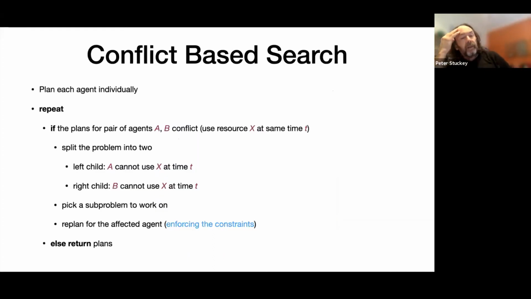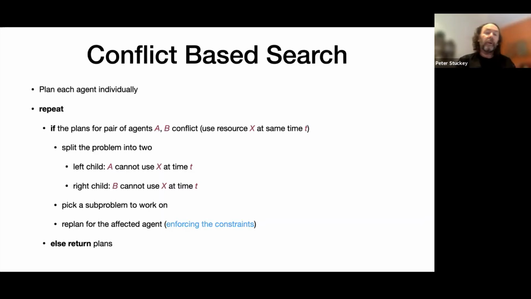So the solution is conflict-based search, which, if you're a discrete optimization person, you might recognize as a kind of Benders approach. We're going to plan each agent individually, and what we hope is they don't conflict, and then we're finished. But if they do conflict, if we have a pair of agents whose current plans conflict, they use the same resource x at the same time t, then we're going to split the problem into two.